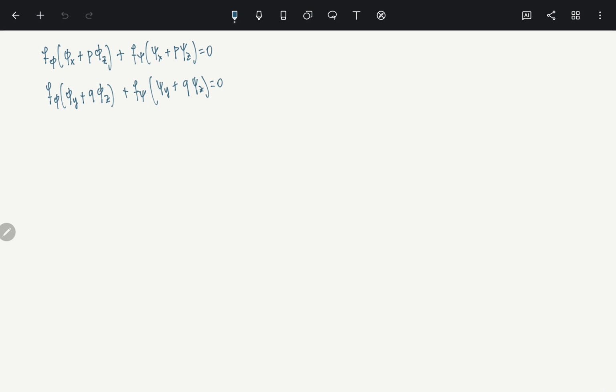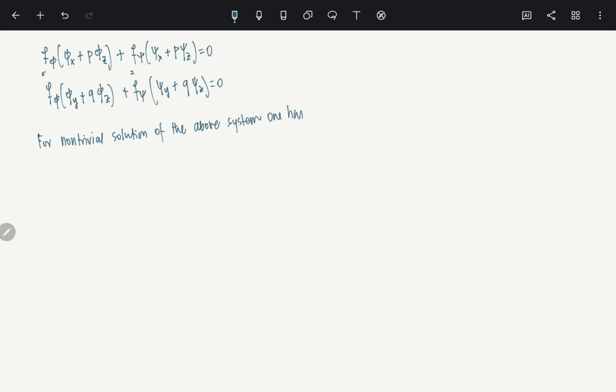Now you see, we want a non-trivial solution for f_phi and f_psi. Since this is a system of equations in f_phi and f_psi, for a non-trivial solution of the above system we want the determinant to be 0, right?